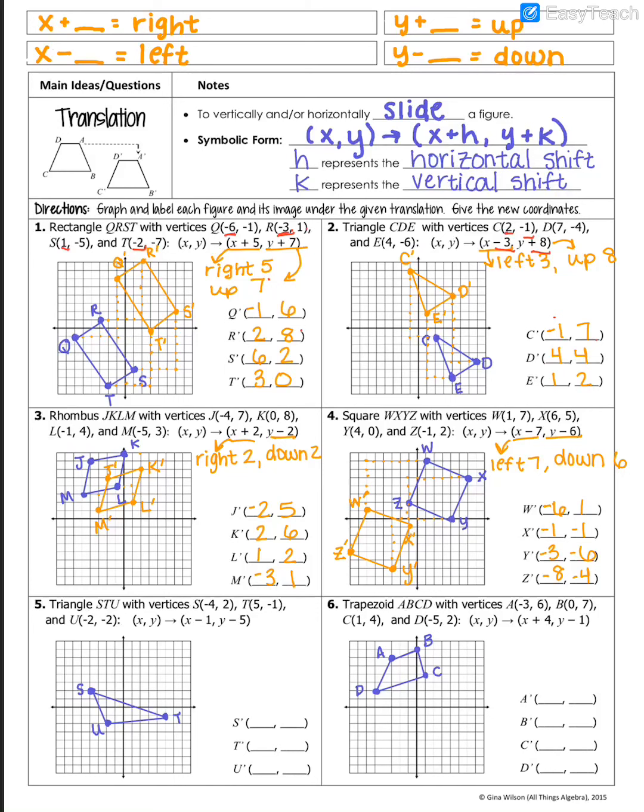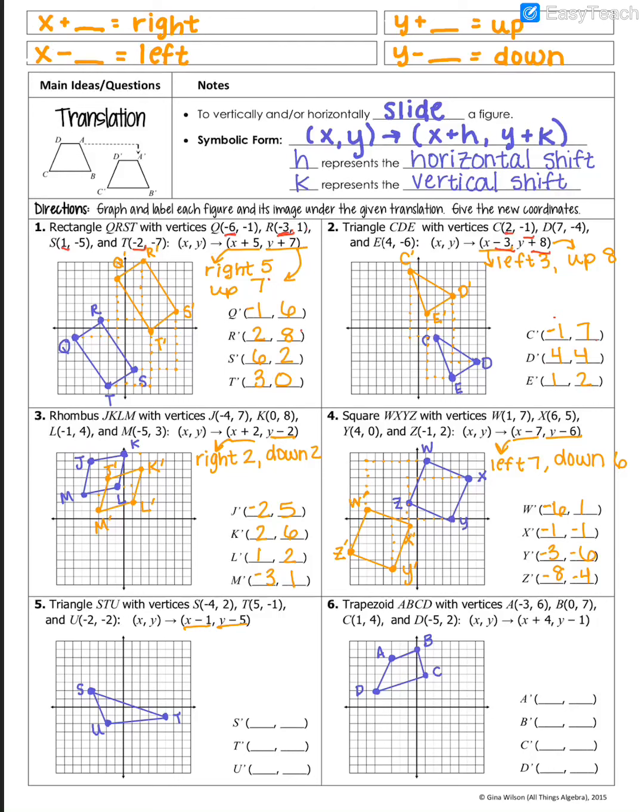So looking at what we have here, we have our rule of x minus 1, y minus 5. So from all of my x values, I'm going to subtract 1, and from all my y values, I'm going to subtract 5.